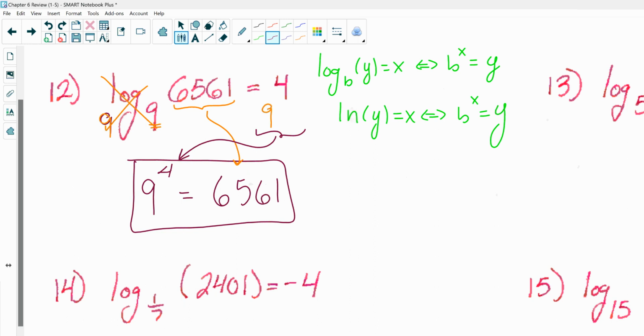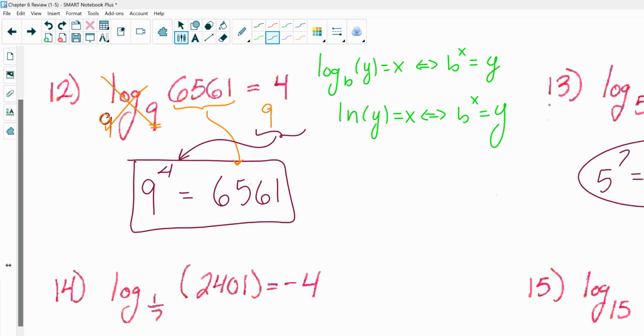What would 13 be? 5 to the 7 equals 78,125. Yep. Questions on this here?